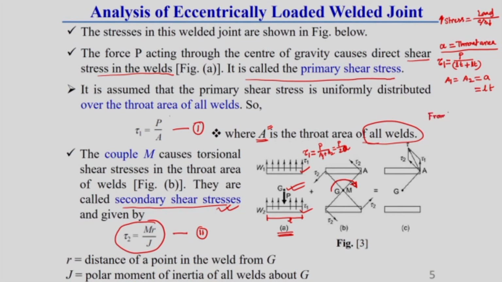We know from the theory of torsion, or torsion of a circular shaft, this is a shaft which is subjected to a couple M. If it is subjected to couple M, then we can get a relationship between the shear stress due to this couple and the twisting of the shaft.